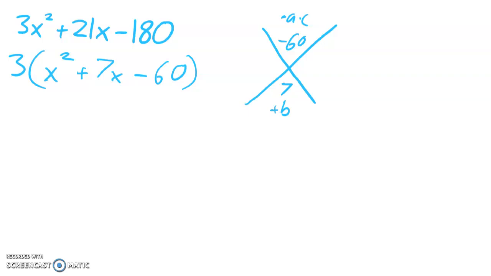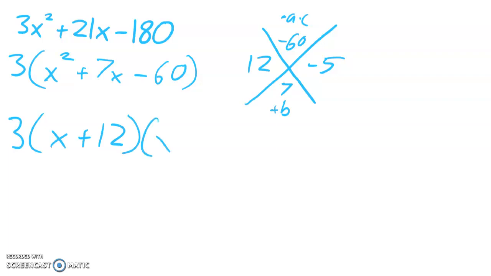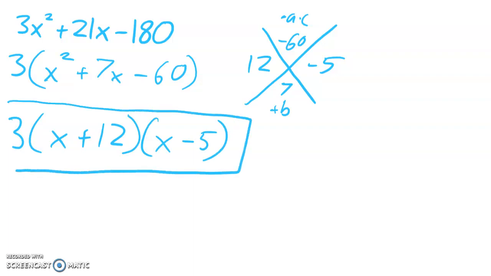I do a little bit of thinking, and I end up coming up with, I think that would be positive 12 and negative 5. Great. So that means that I can simply just put in 12 and negative 5 as my constants in these two binomial factors. Bam. Go ahead and square my final answer.